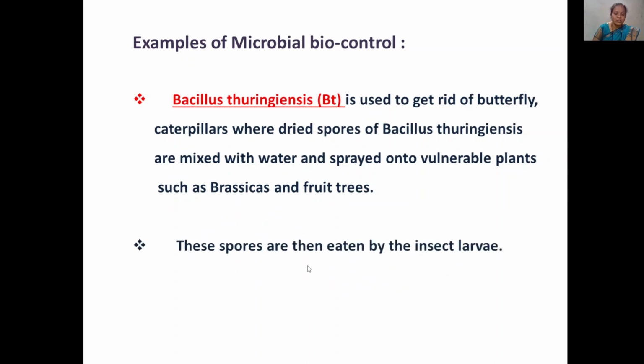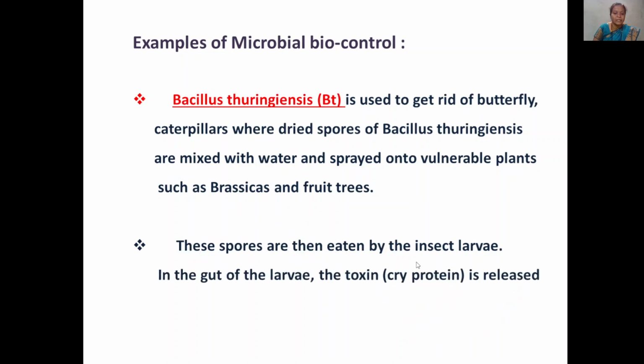These spores are then eaten by the insect larvae. In the gut of the larvae, the toxin, that is Cry protein, is released and the larvae eventually get killed.